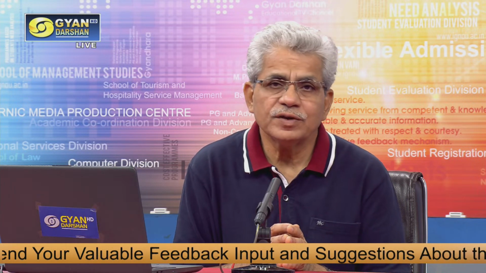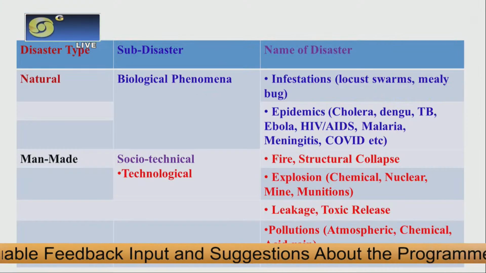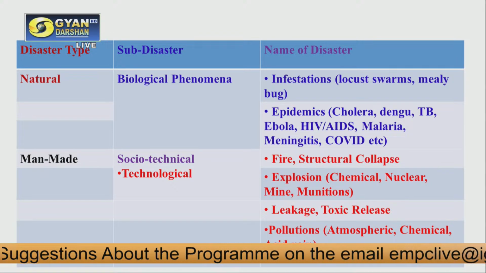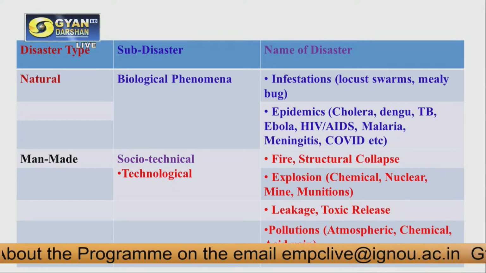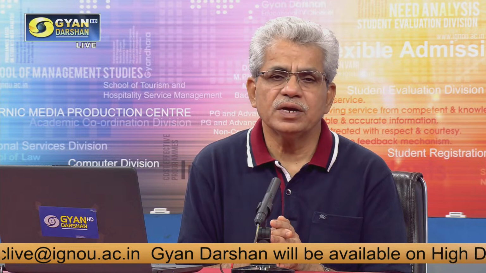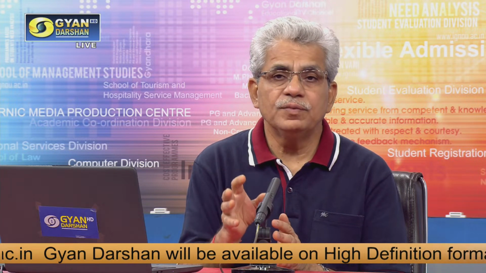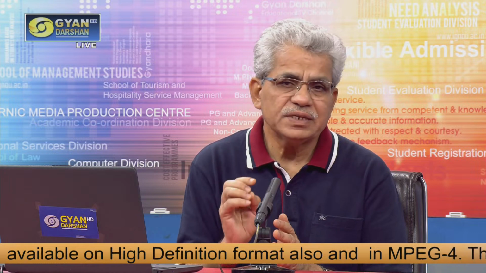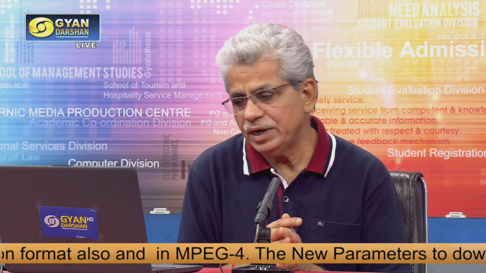What various types of explosions? Chemical explosion, nuclear explosion, then explosion in the mines, then munitions. So in different conditions, such types of explosions may occur, which are because of the mistakes of human beings. So that is what comes under man-made disasters.